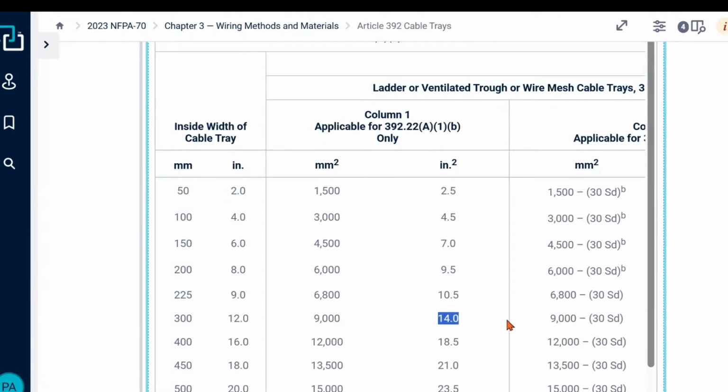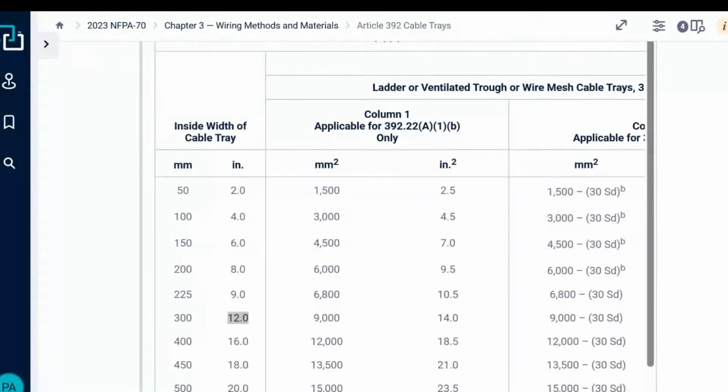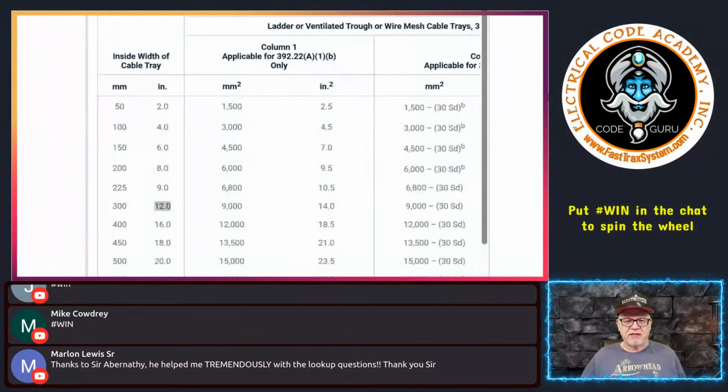So I can't have 0.22 of a cable in there, so I could have 7 of those cables inside of that 12-inch wide inner dimension cable tray. Does that make sense? That makes sense how we do it?